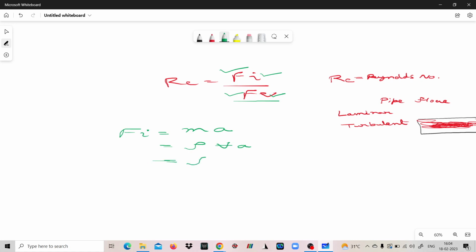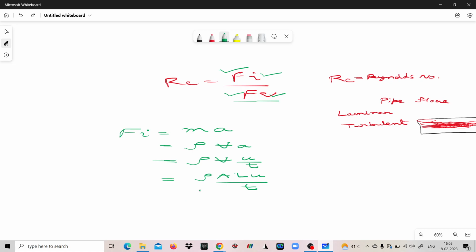Acceleration is nothing but velocity u by time. I'm just writing it dimensionally. So, rho volume is area into some length, into u by t. Let us keep it like this.